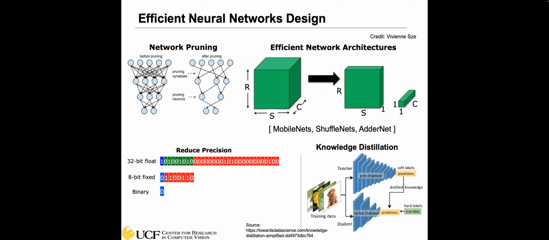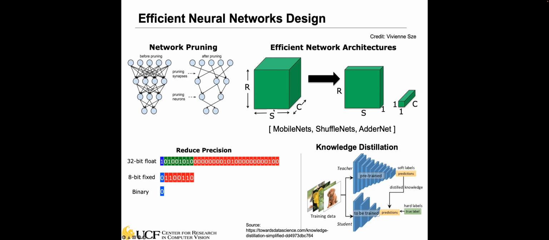So the first one is the efficient network architectures, right? We talked a little bit about this when we gave the introduction of deep neural networks. There are some networks or special operations that have been designed considering the computation efficiency of the network architecture.